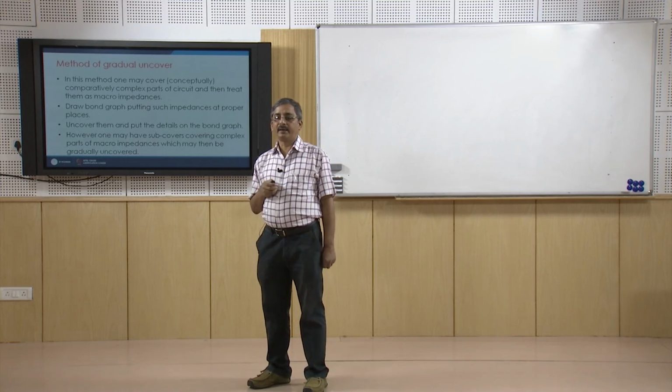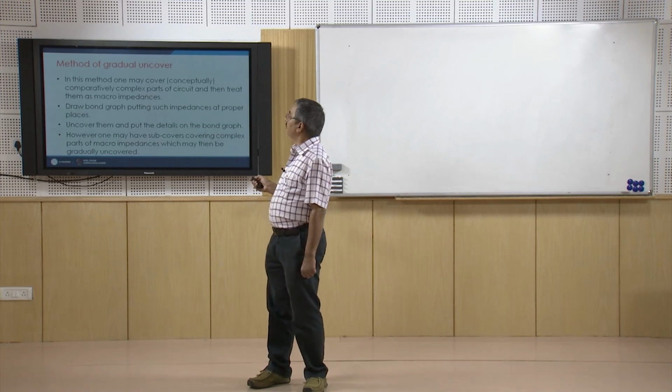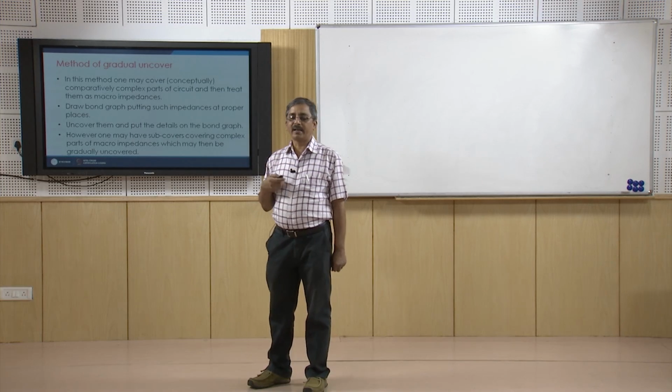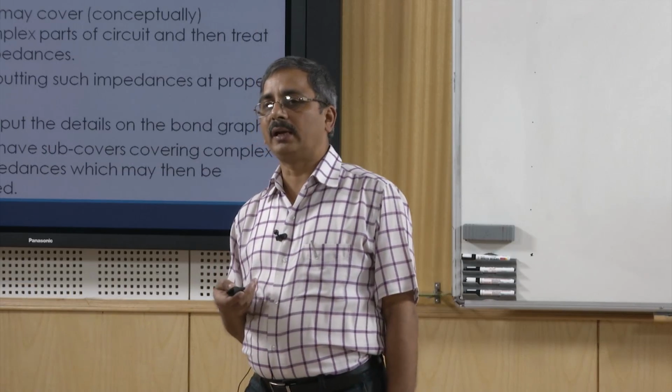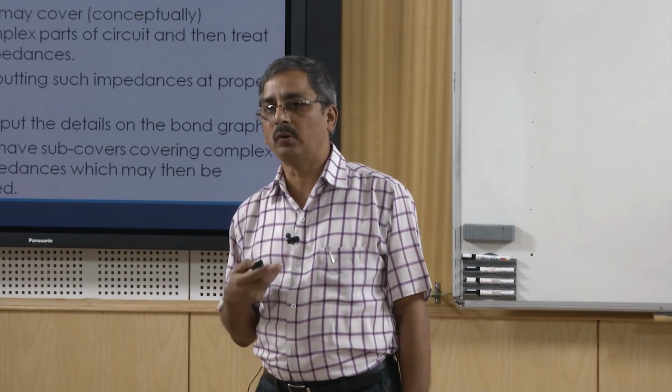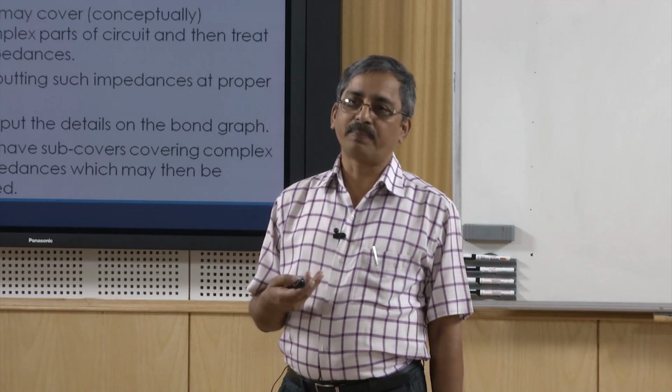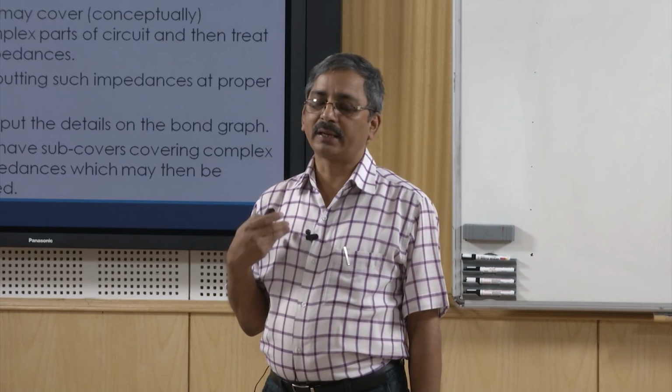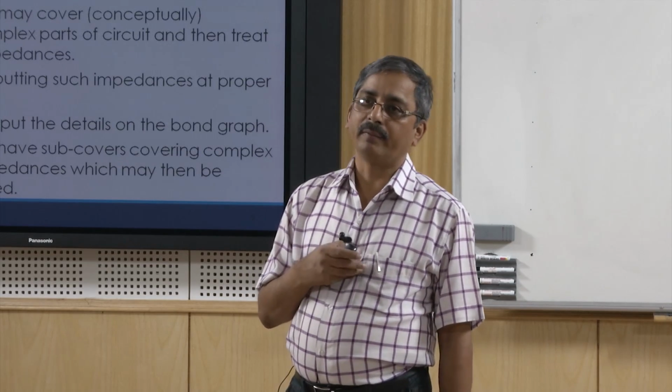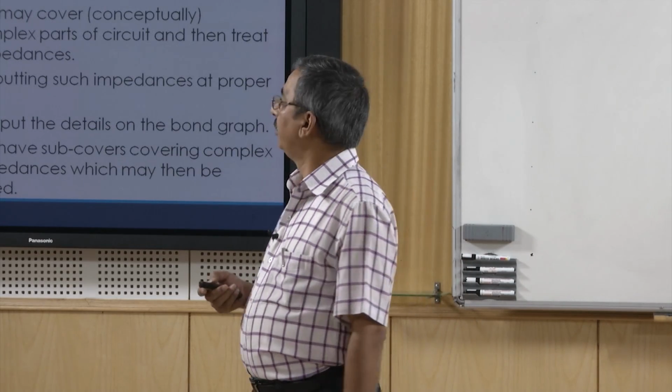So, let us begin with the method of gradual uncover. As the name indicates, we are going to gradually uncover the complex parts which have been covered earlier, in order to simplify the problem.